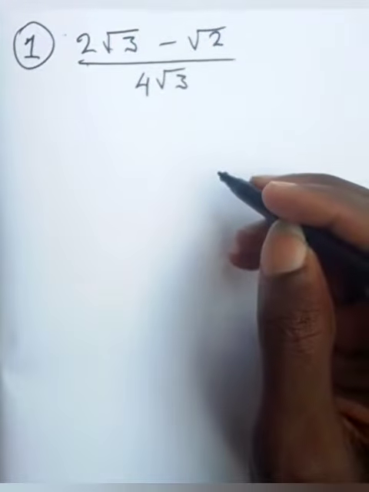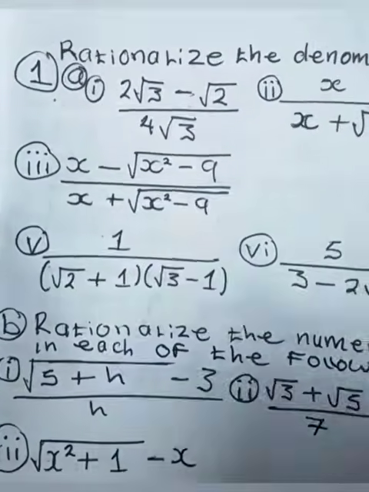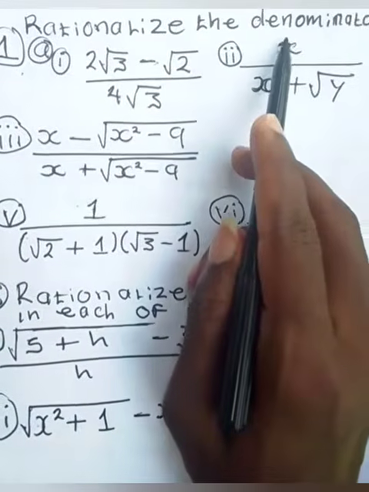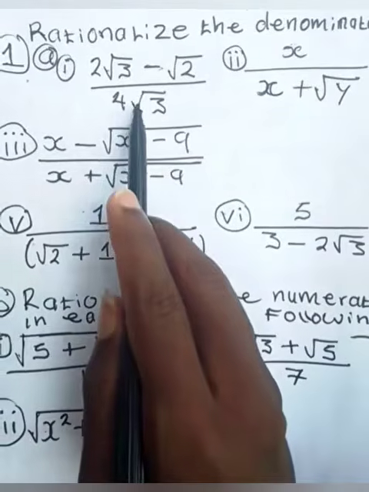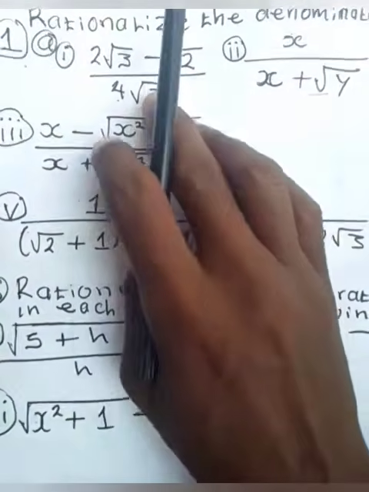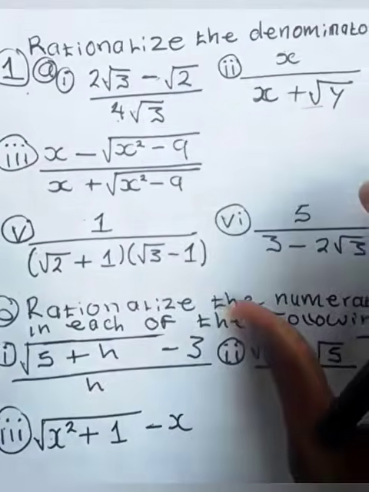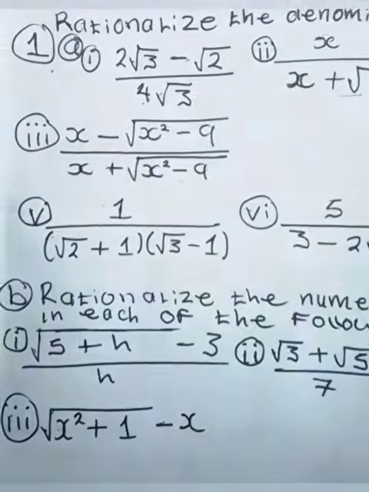They want you to rationalize the denominator. Denominators are the bottom part, right? So our focus will be on the denominator part. Let's begin with the first one.